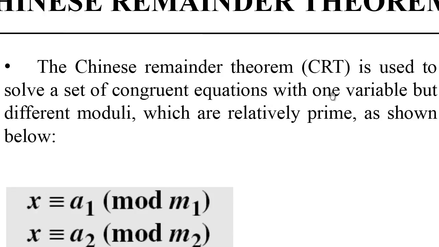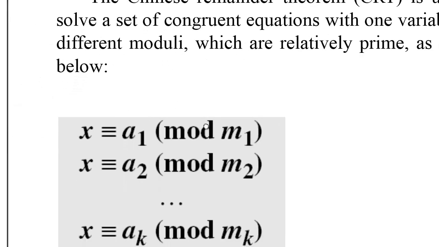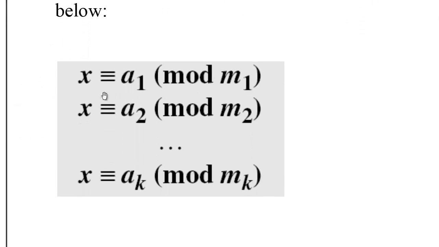So, CRT is where you need to solve a set of congruence equations. Let us see the congruence equations: x congruent to A1 mod M1, x congruent to A2 mod M2, and so on up to x congruent to Ak mod Mk.